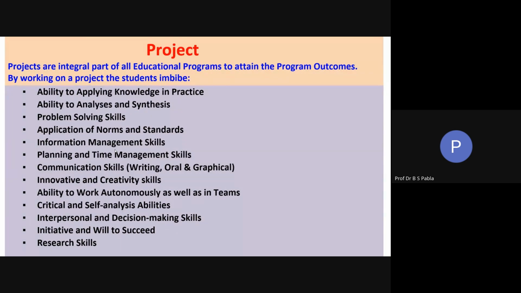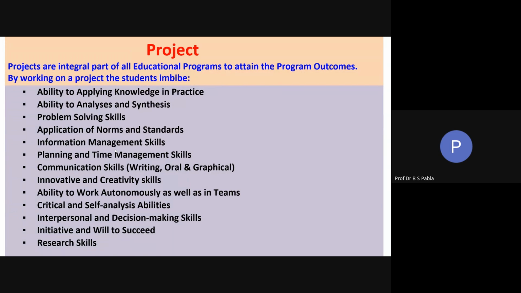Now, why do we have a project? A project is there because it develops the ability to apply knowledge in practice. Whatever the students have studied, they should be able to apply that knowledge to develop a project. Let's say in engineering, you have the project in 7th or 8th semester.